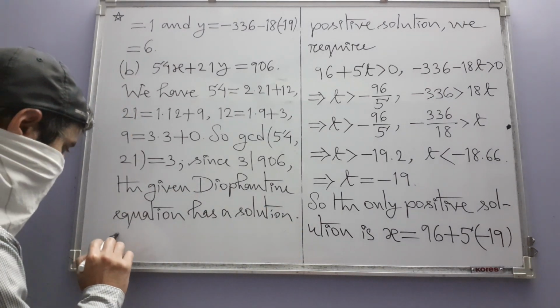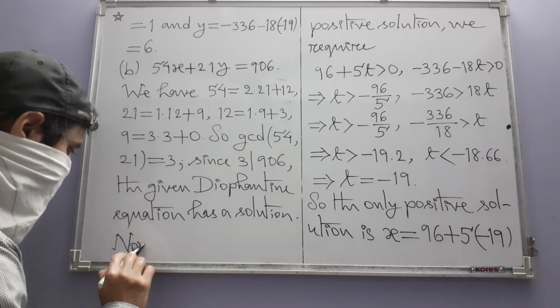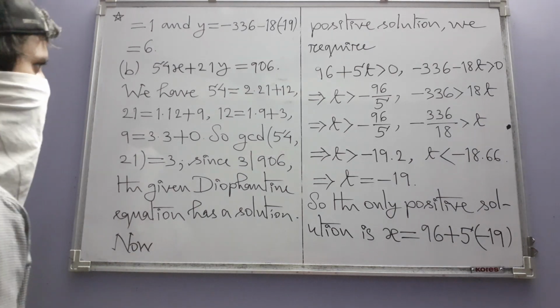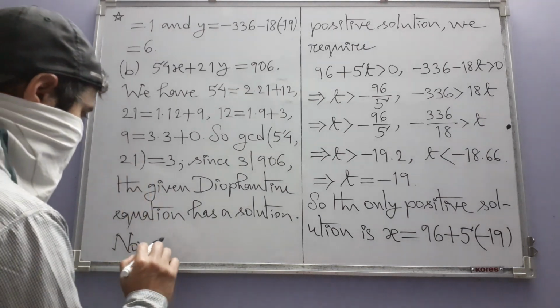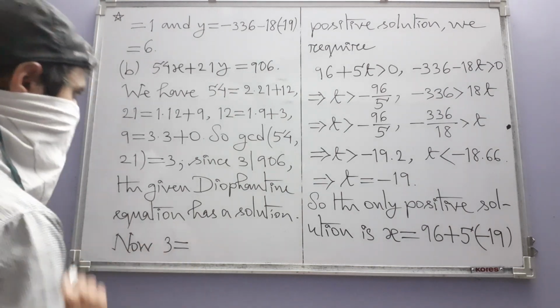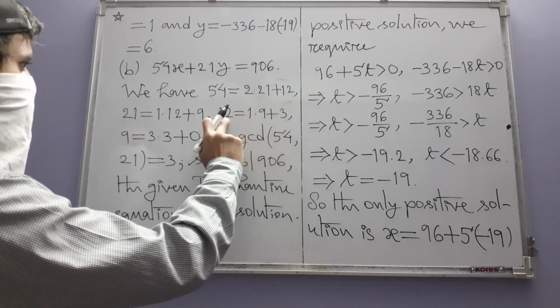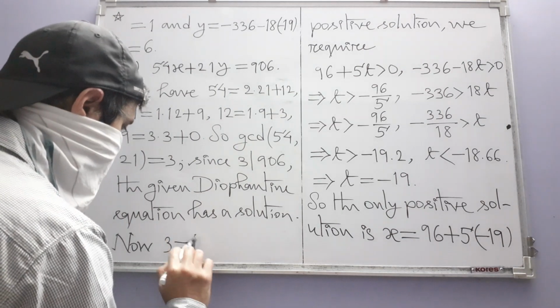Now we go through that back calculation process. So our GCD now is 3. So first of all, 3 is 12 minus 9.